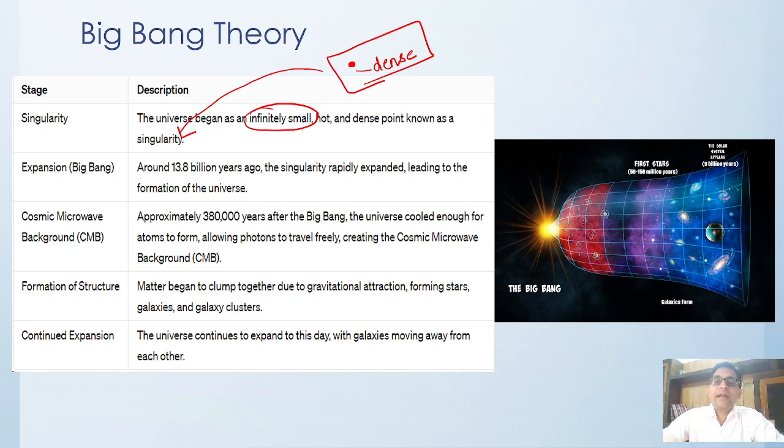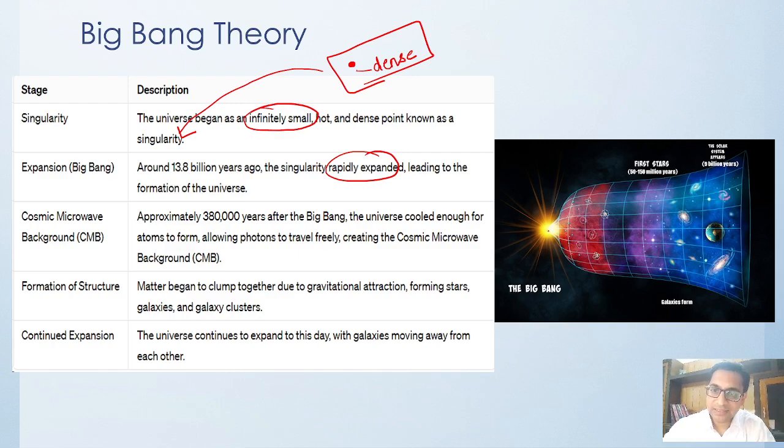Around 13.8 billion years ago, this point started expanding rapidly in the form of a big bang, a blast. It threw the matter into space. The material was very, very hot and it just spread throughout.